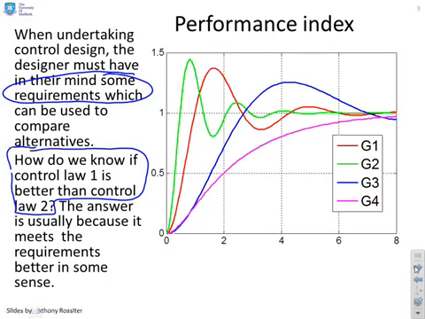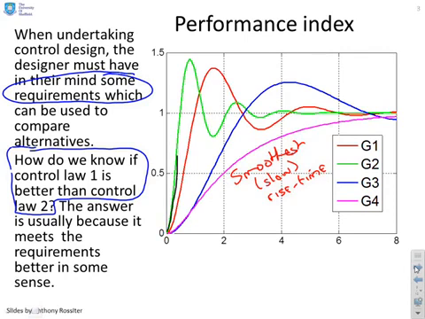So, for example, if I start with G4, you can see G4 is the smoothest, but it's relatively slow, and it's got a very slow rise time. So if your criteria was I want a very smooth response with no overshoot, you might go for G4. What, however, if you wanted something to be very fast?